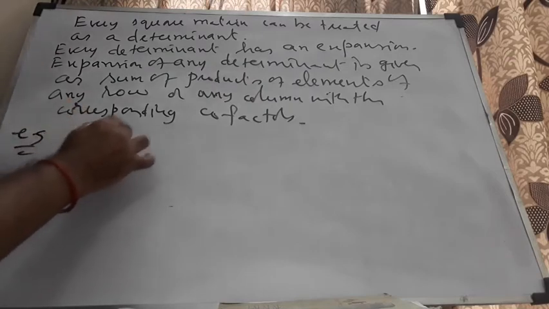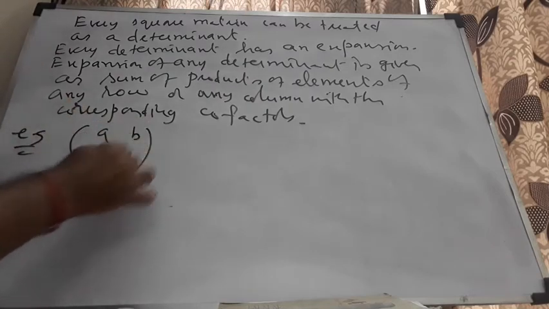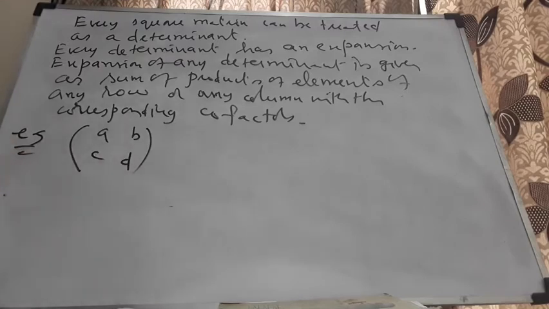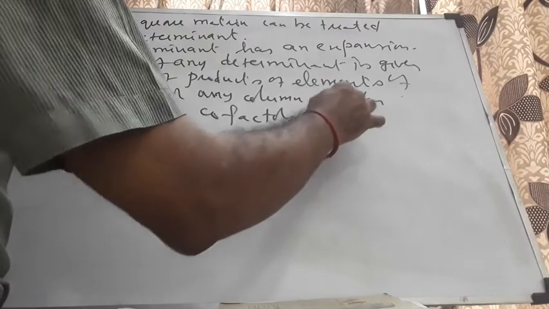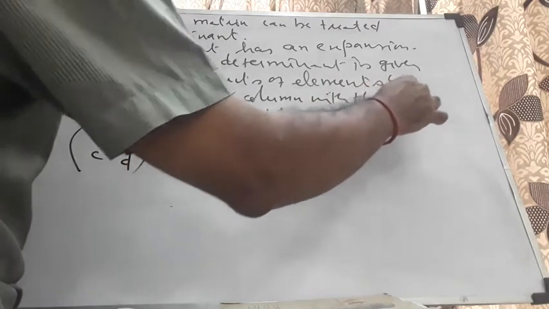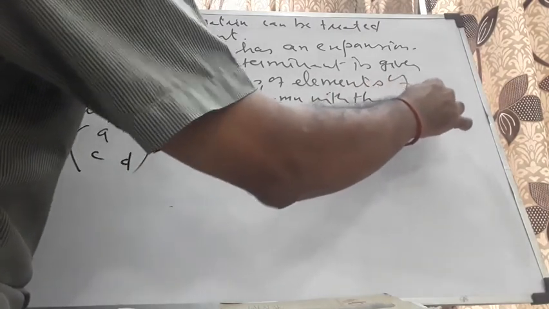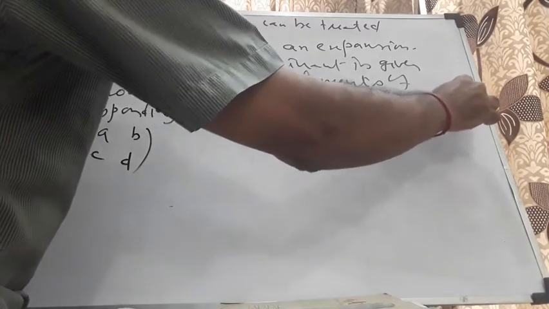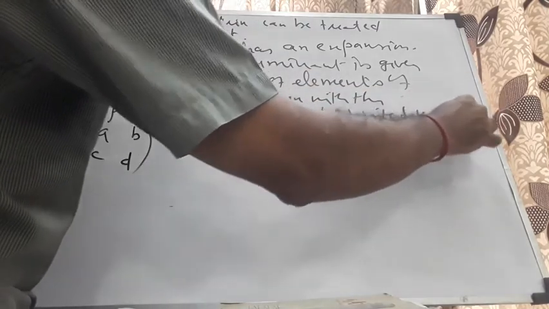I'll take the general example a, b, c, d. There are 4 elements. It's a 2 by 2 matrix. It's a square matrix, therefore a determinant is possible. We write determinant A with a modulus symbol.